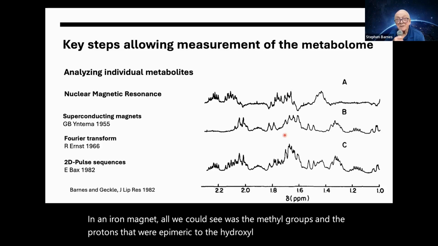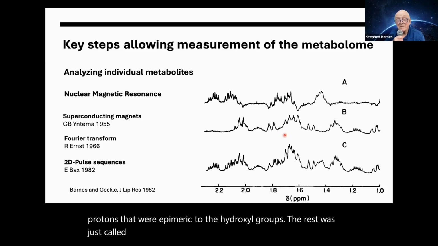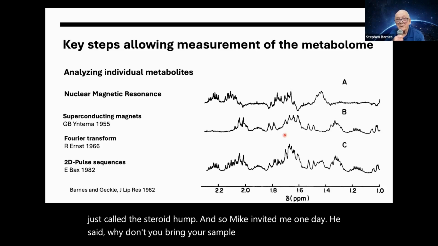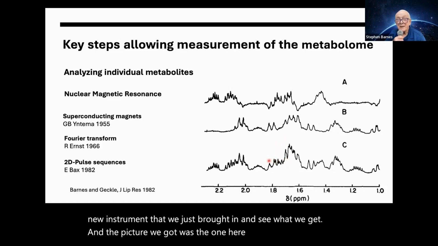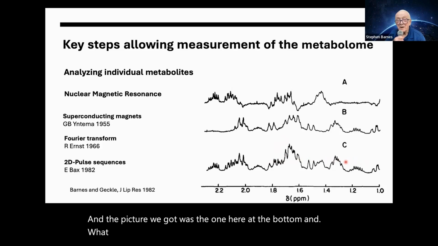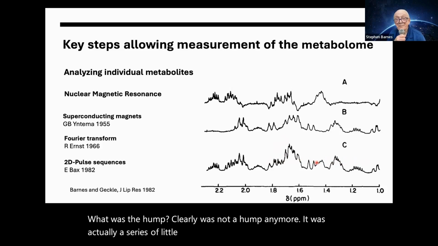The rest was just called the steroid hump. And so Mike invited me one day. He said, "Why don't you bring your sample up and we'll put it in the new instrument that we just brought in and see what we get." And the picture we got was the one here at the bottom. And what was the hump clearly was not a hump anymore. It was actually a series of little humps.